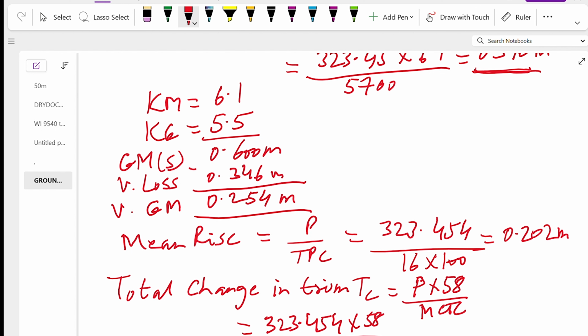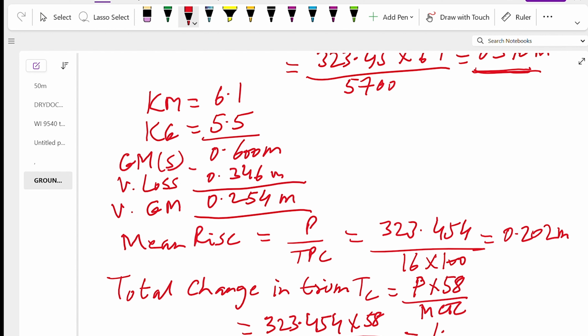This is the total change in trim, and we get this answer in centimeters. So you can convert that later to meters by dividing by 100. So if I divide by 100, it will be in meters.